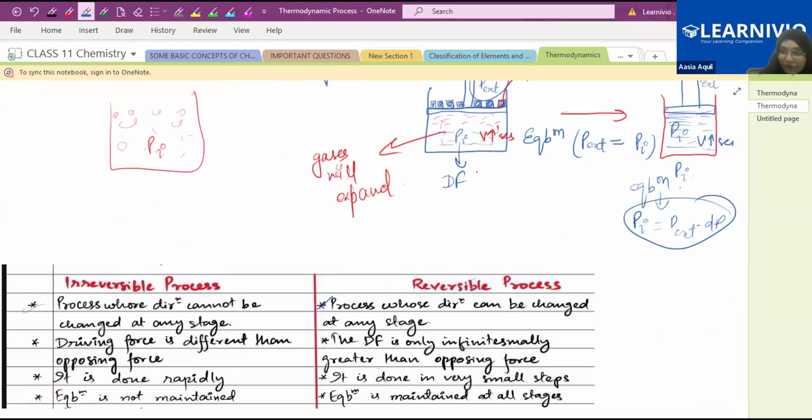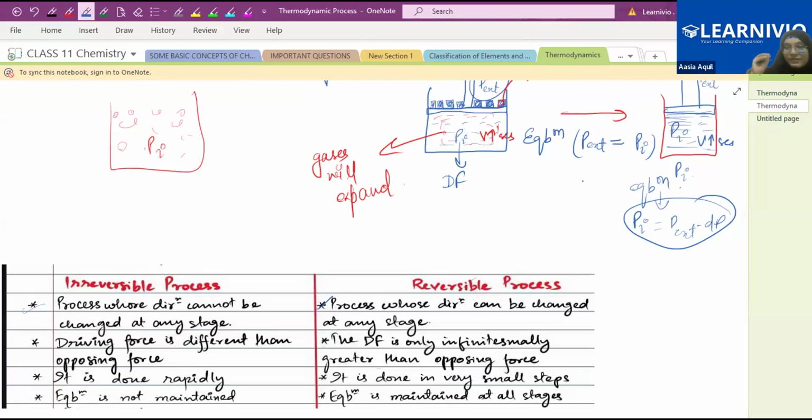The difference between P internal and the external pressure is very small, right? So the driving force is greater than the opposing force here, so that's why it is a reversible process.